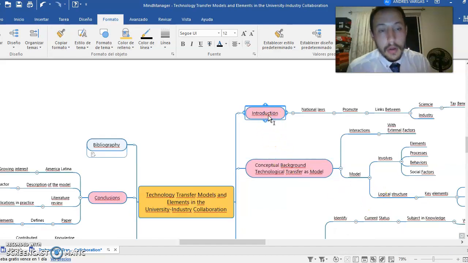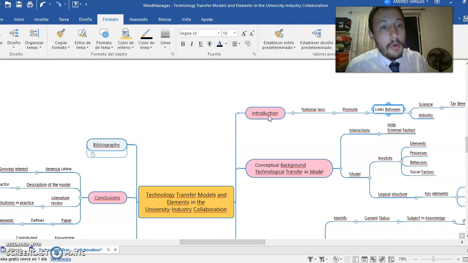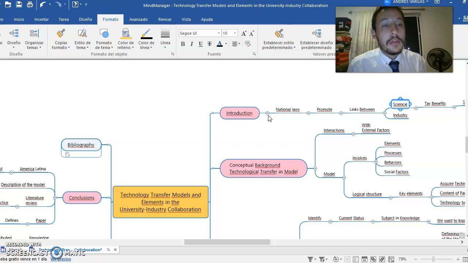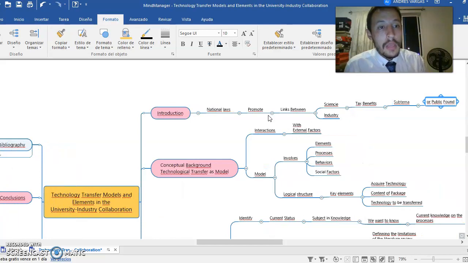In the introduction, we already have international and national laws that promote different links between science and industry. What that means is national laws that, for example, let you take advantage with the government to get a tax benefit, and also give you other benefits such as public funds. They take that money and give it to the universities and the industries.